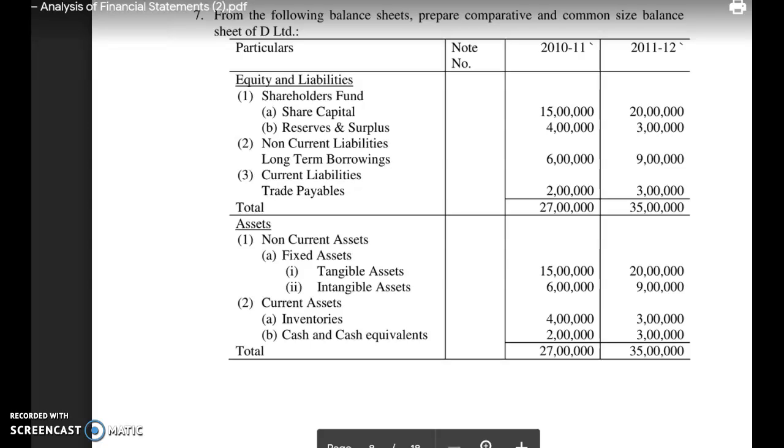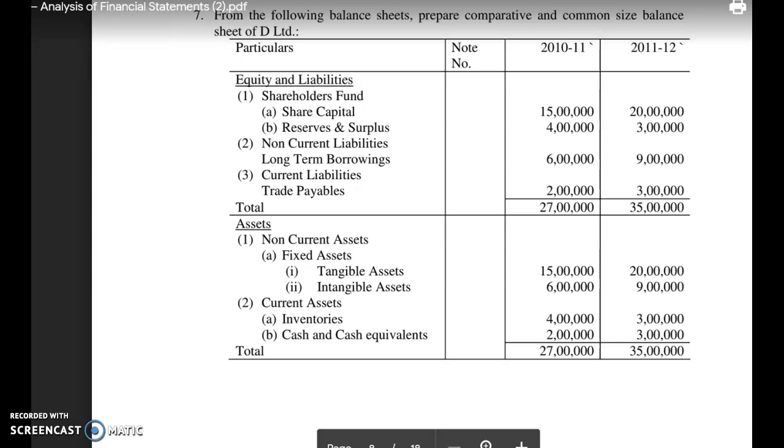Comparative financial statement means when we compare the financial information or data of the financial statements of 2 or more than 2 years, keeping them parallel or simultaneously in comparison form, that is known as the comparative financial statements. Now, which financial statements will we compare?